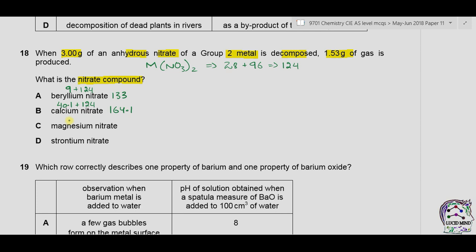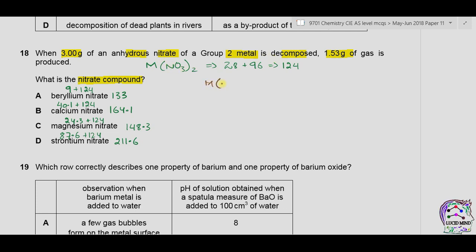For magnesium the atomic mass is 24.3, so it becomes equal to 148.3. For strontium the atomic mass is 87.6, so it comes equal to 211.6. Now let's write a balanced chemical equation for decomposition of group 2 nitrates.